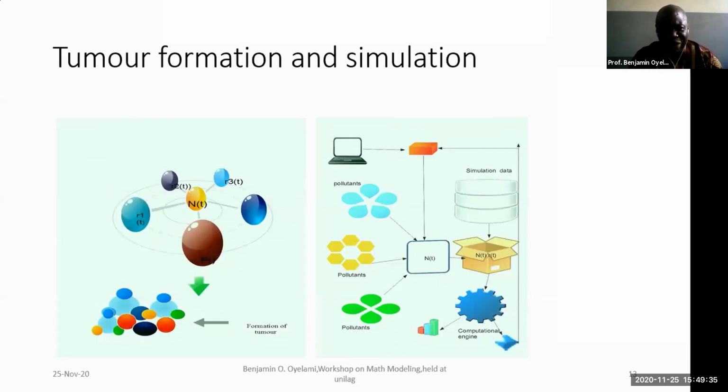So for tissue formation and simulation, we have a cancer cell that comes as a result of a carcinogenic substance. What do they call carcinogenic? Things, some pollutant, for example. When I use the word pollutant, I'm talking about anything capable of entering the system, that is foreign to the system, that can cause some disruption of the process.